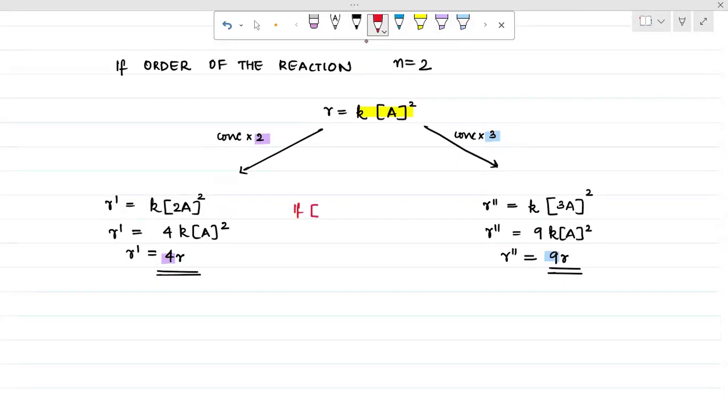So, if you increase your concentration in a second order reaction, if the concentration of the reactant is multiplied to n times, the rate is multiplied by n to the power 2 times.